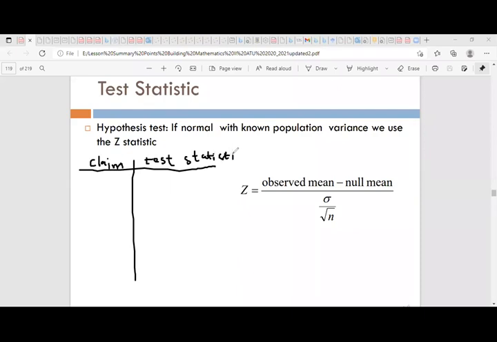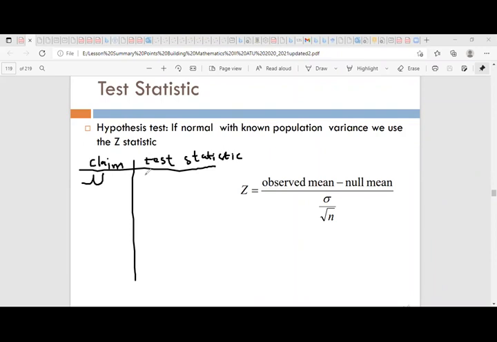Now, if the manufacturer is making a claim about the average lifespan, like we just saw, average is what? It is mu. So if the person is talking about average, then there can be two types of test statistic which we can employ.